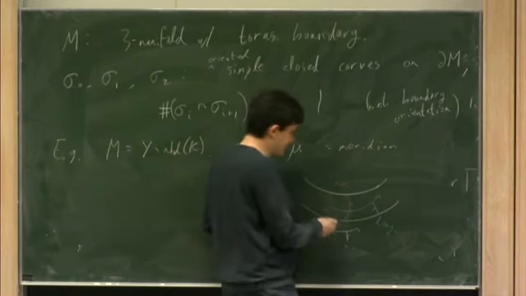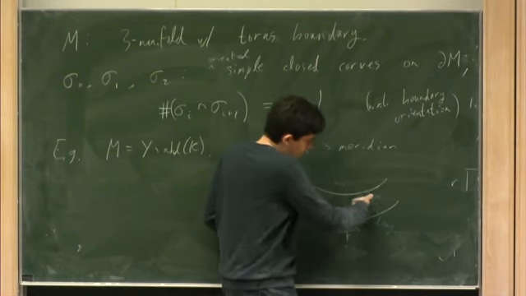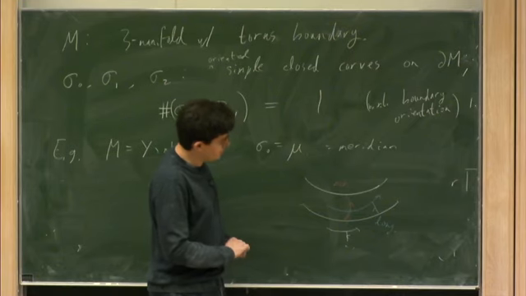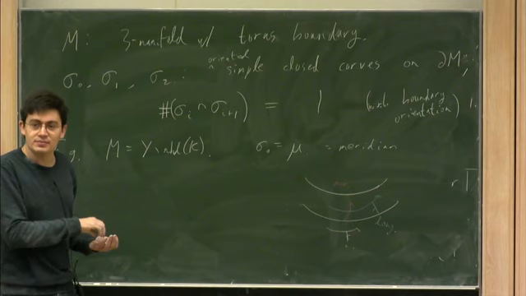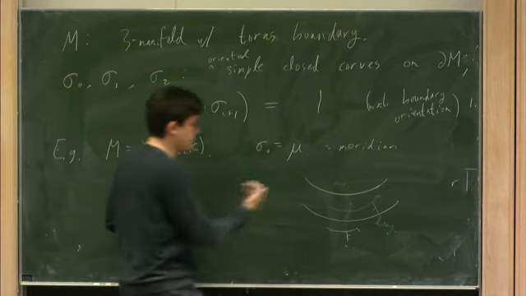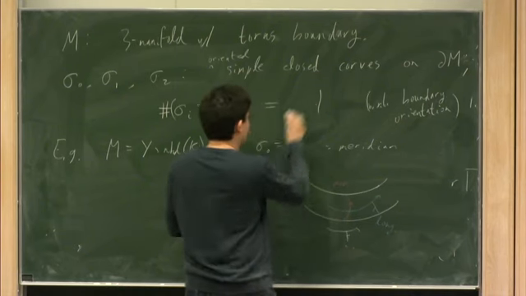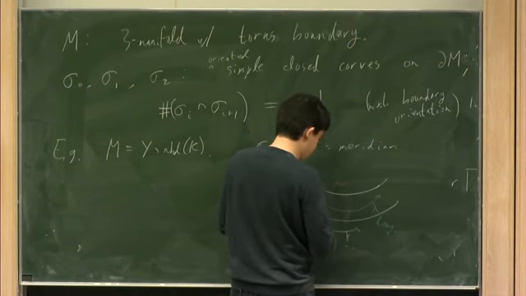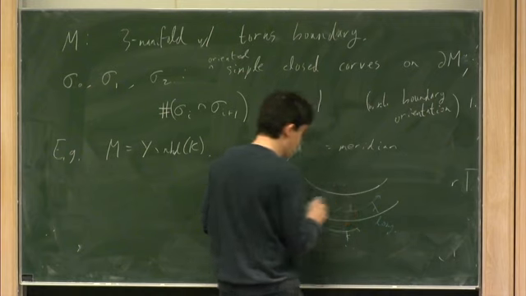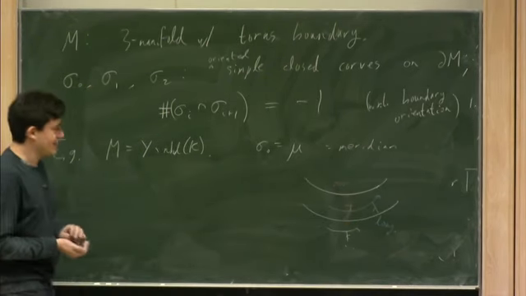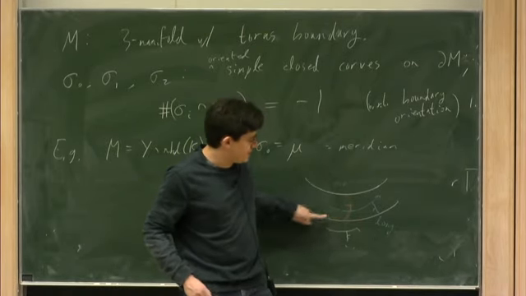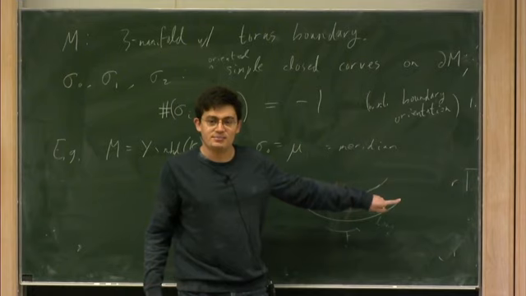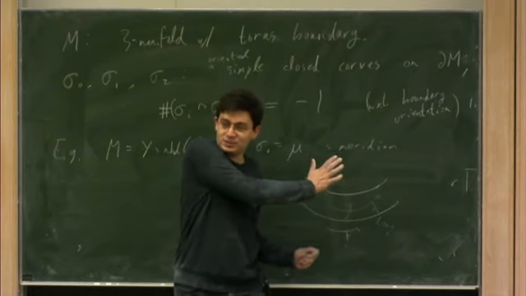So with that orientation, red dot blue is 1. Okay. How do you choose the meridian? Oops, I chose it. Yeah, no, you're right. It was -1, so it should have been a right-handed meridian. That's right. Okay. Yes. So with this orientation, the red curve dotted with the blue curve is -1 when we orient this as the boundary of the outside.